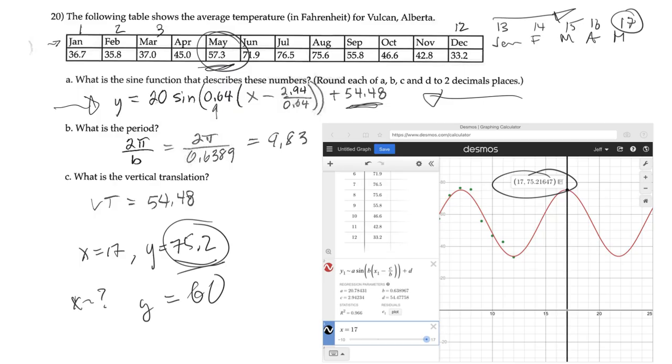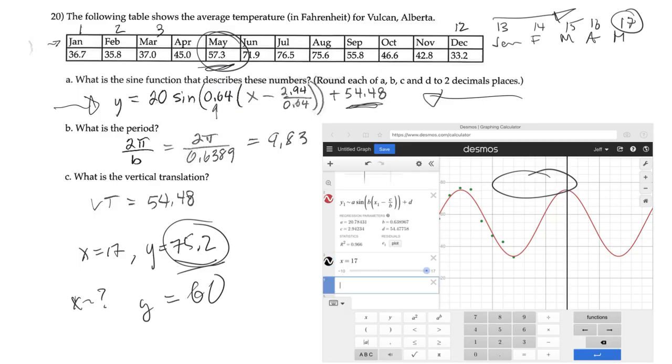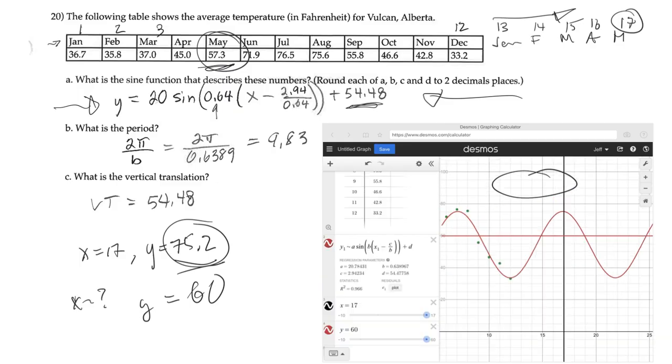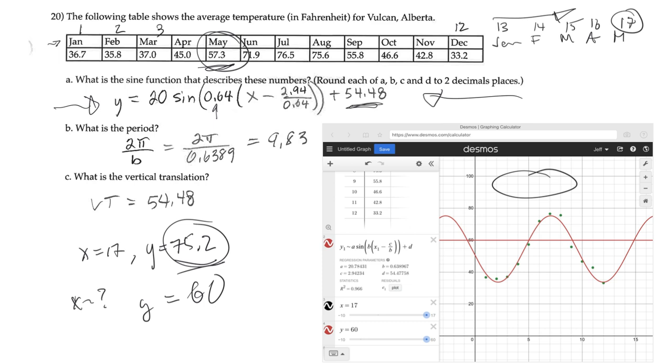So I could do the same thing in Desmos. Down here, instead of x equals 17, I could type y is equal to whatever y I'm thinking. So there's my y is equal to 60. And when I look at the graph there, it looks like it hits it right there.